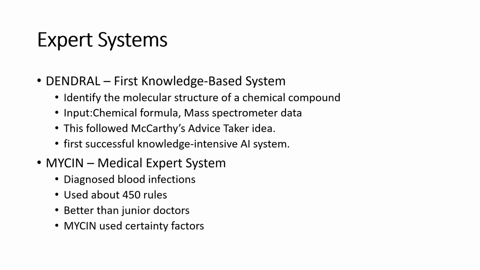Then next was MYCIN. MYCIN is a medical expert system that diagnosed blood infections. It used about 450 rules and it worked better than junior doctors. MYCIN actually used certainty factors. So we know medical decisions are uncertain, and MYCIN handled this using certainty factors.